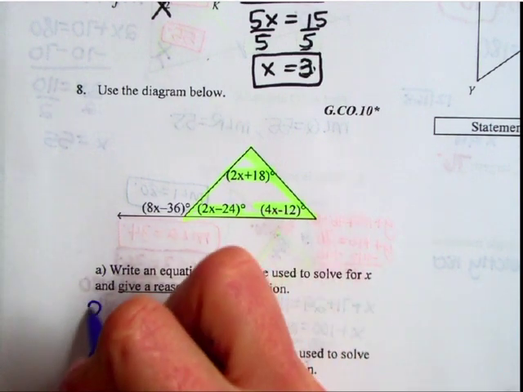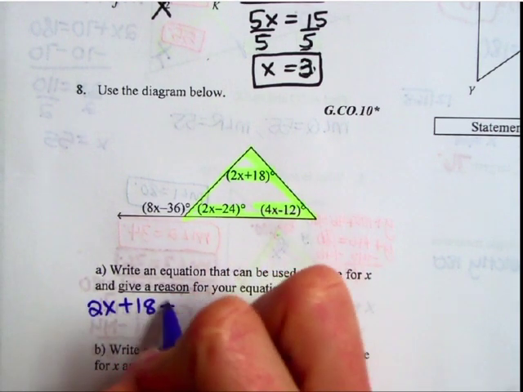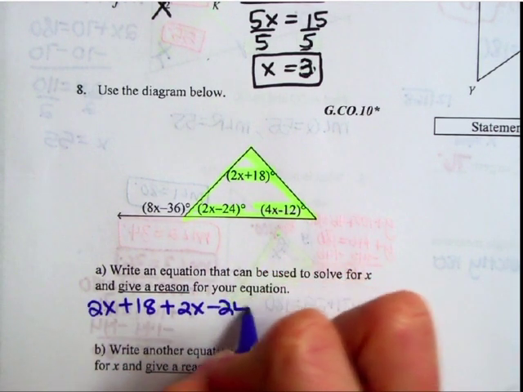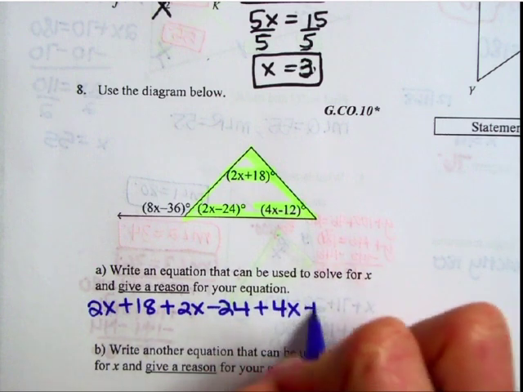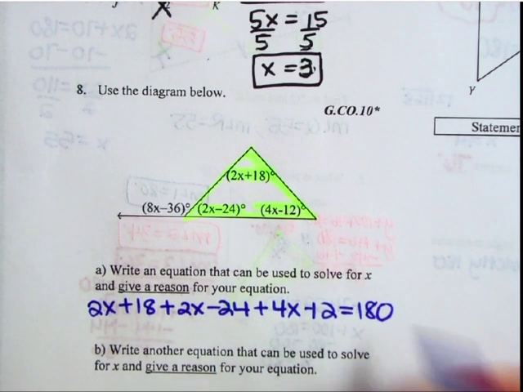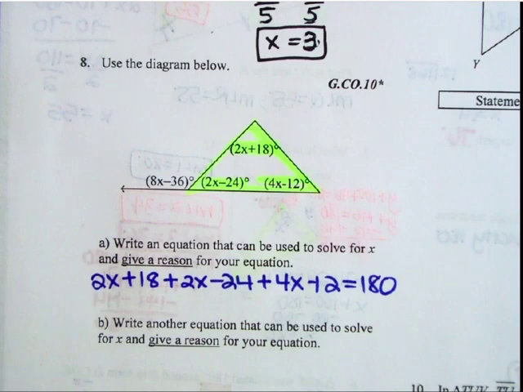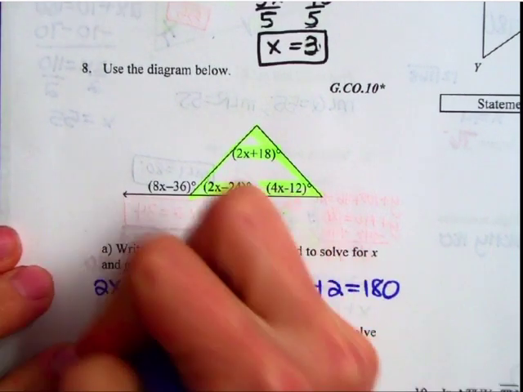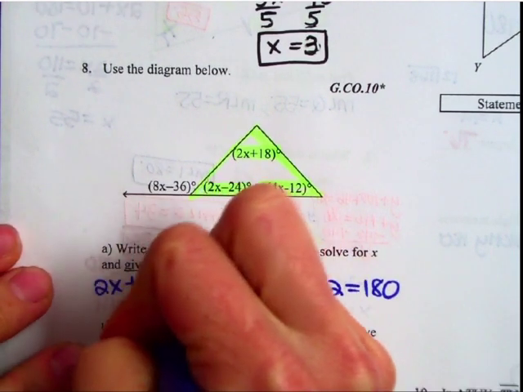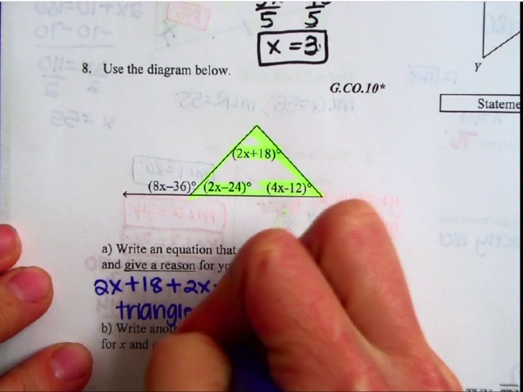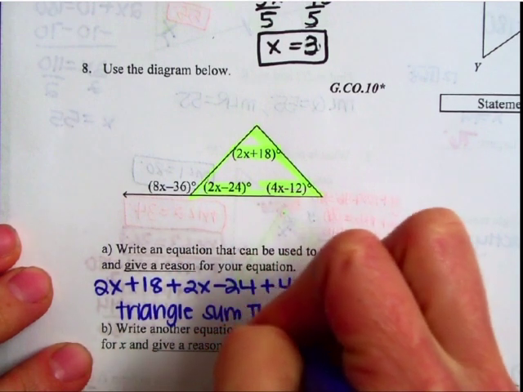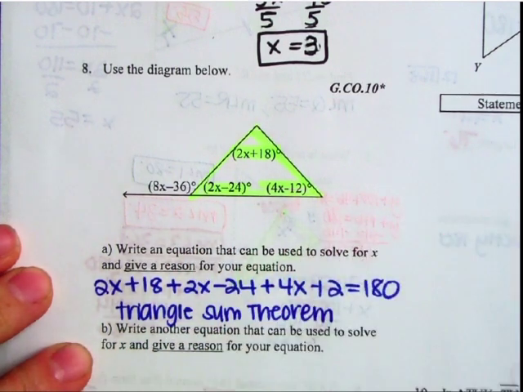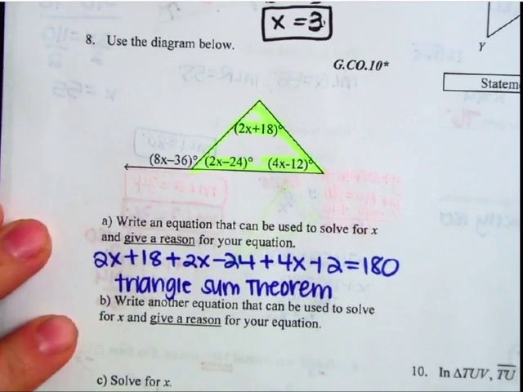And the order we're adding those doesn't matter. So that's one equation. My reason is the triangle sum theorem. Those angles add to equal 180 degrees.